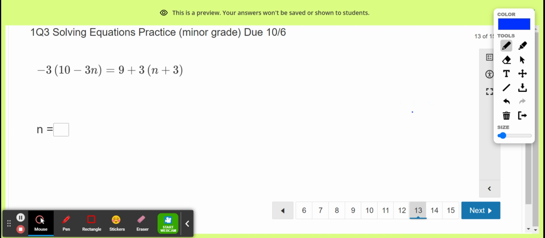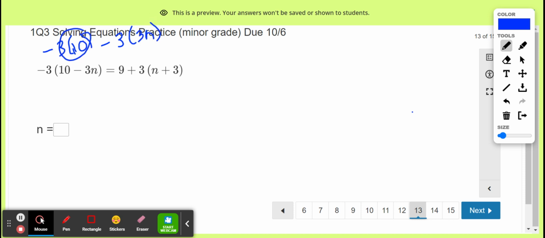Number 13, we need to distribute the negative 3 times both terms inside the parentheses. We're going to do negative 3 times 3n.